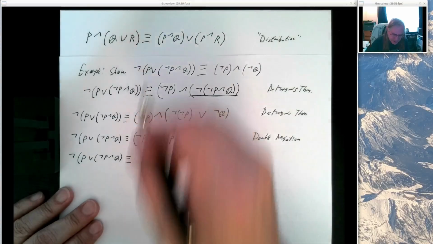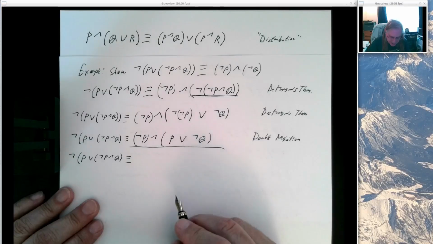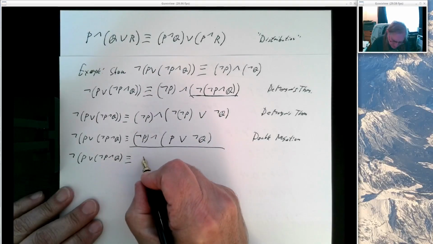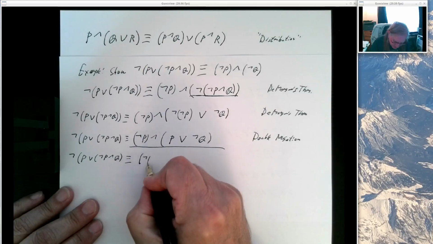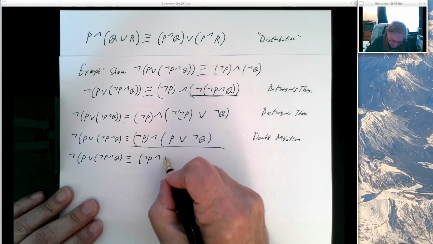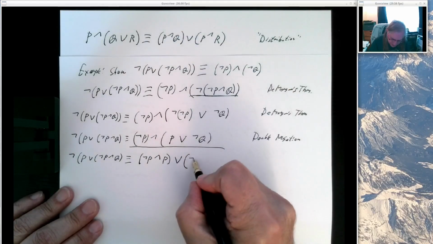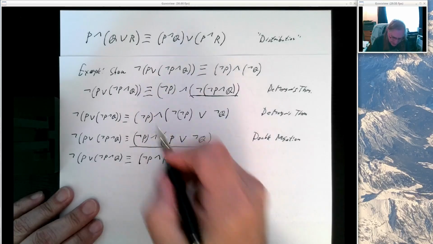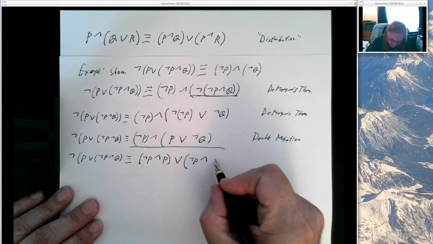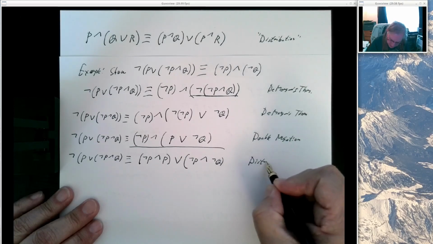And my distribution identity says this statement is logically equivalent to my first something, which is not P, ANDed with my second something, which is P, ORed with my first something, which is not P, ANDed with my third something, which is not Q. That's distribution.